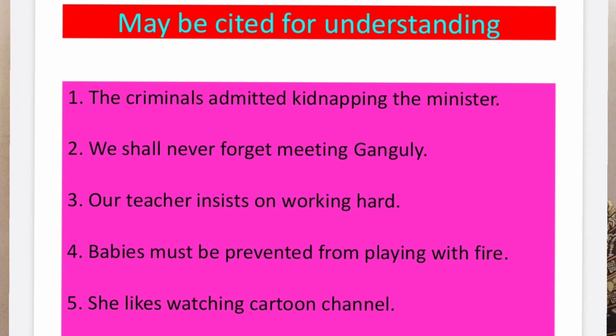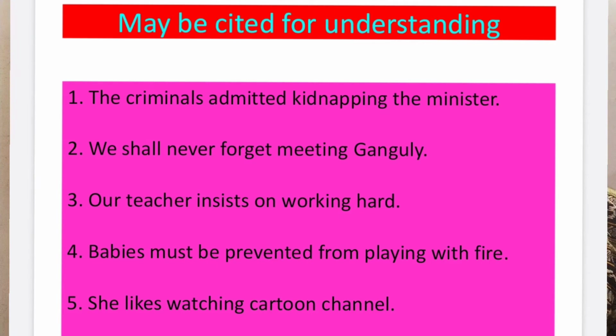Our teacher insists on working hard. Working here because of the preposition on. Babies must be prevented from playing with fire. Playing because of the preposition from. She likes watching cartoon channel. Watching because of the verb likes.